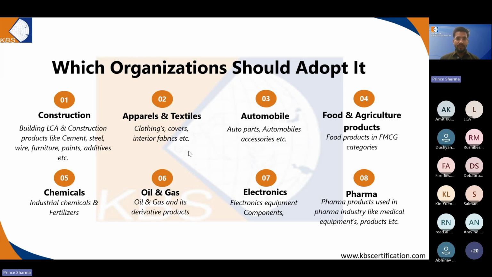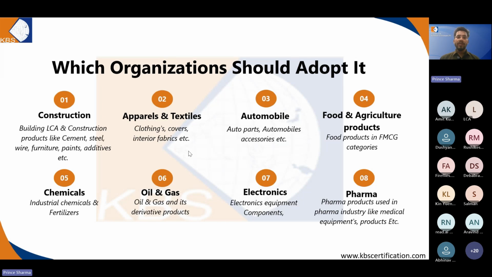So different types of products, and we have geomembrane for construction also, nets, different types of nets. So there is a lot in the apparel and textile industry. That also comes under the life cycle assessment, and we are doing a lot of things in that.